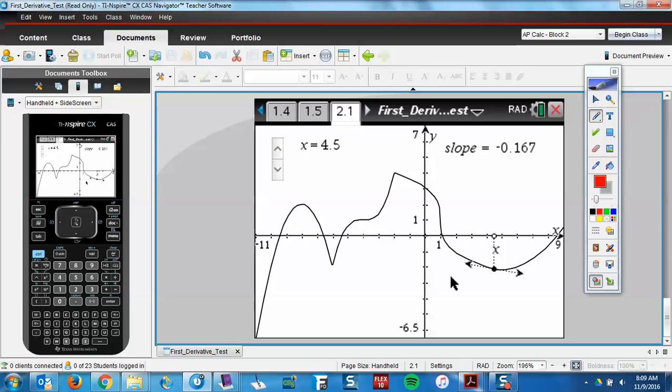What connection between F prime and F? The slopes, right? Okay, increasing.